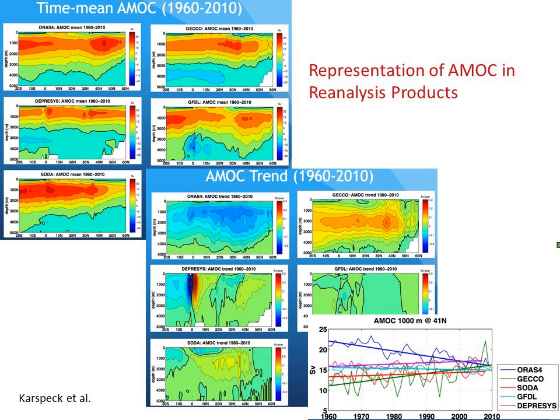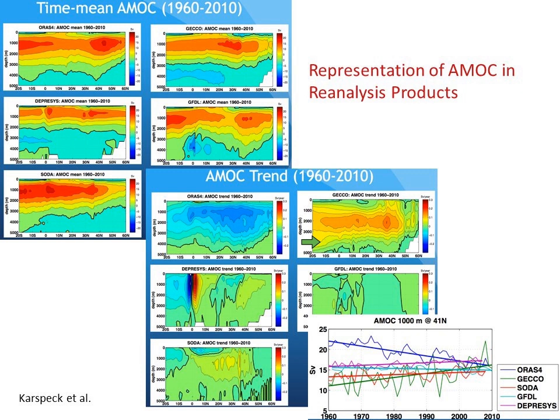The bottom panels show the AMOC trend during the same period, and the bottom panel on the lower right shows just a time series from a particular point, 1,000 meter depth at 41 degrees north. The point here is that the reanalysis products have quite substantially different representations of the AMOC mean state, and perhaps a little bit concerning is that the trends in the reanalysis products are quite different.